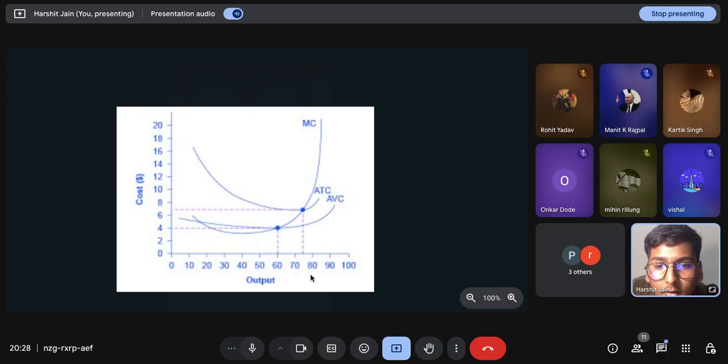When we increase production, from 9 to 10, the marginal cost is 6. Then increasing the output, the marginal cost is also increasing. Firstly it decreased, then increased. It is because you want more machinery, more space for producing more things.